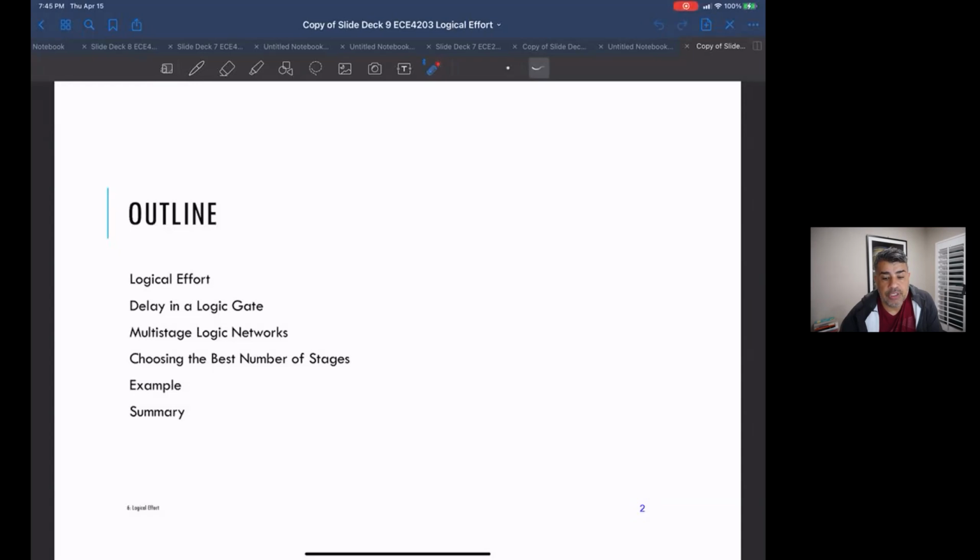So you want to have some hand calculations, or Excel sheet calculations, that give you an idea of where you're going to be, whether it's speed or power consumption, etc. Okay, so we're back to this hand calculation of delay.